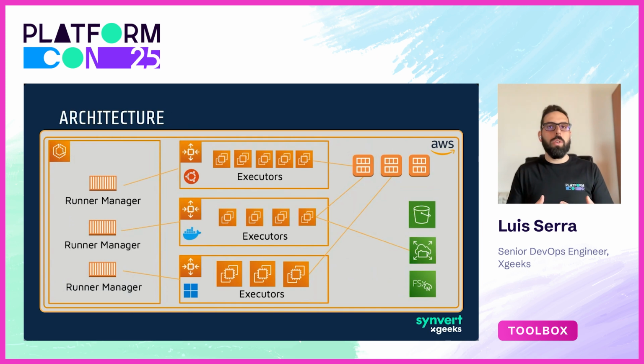Another architecture view, just to show you a little bit more about all the different components. Each runner manager is responsible for managing a very specific auto-scaling group. This auto-scaling group refers to executors with a certain instance type, a certain operating system, and a certain executor type.